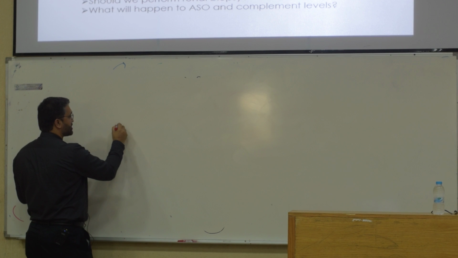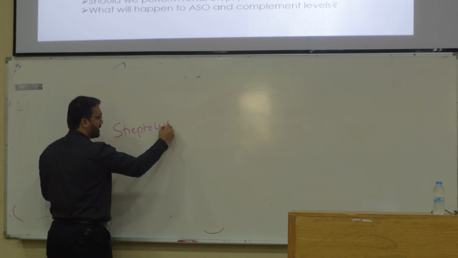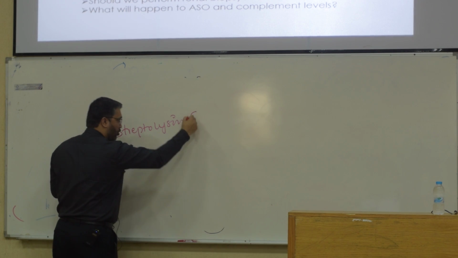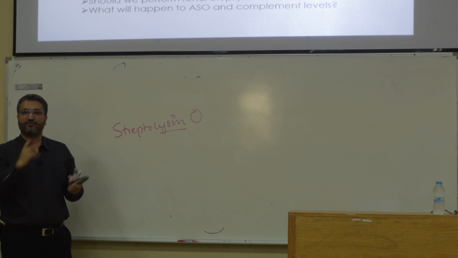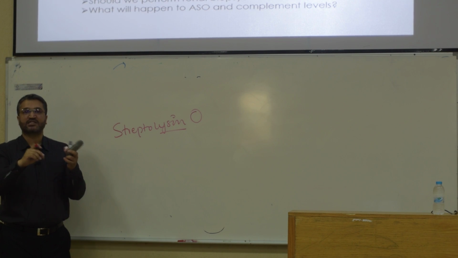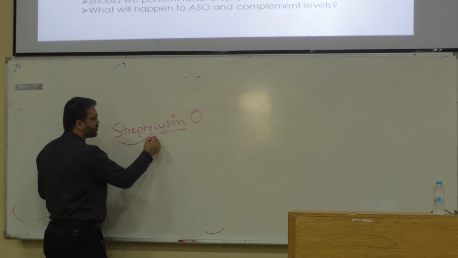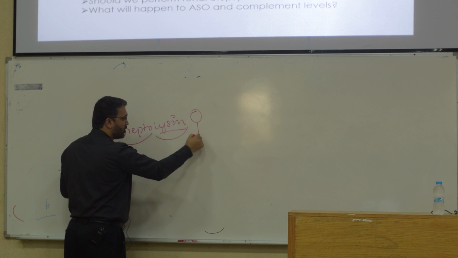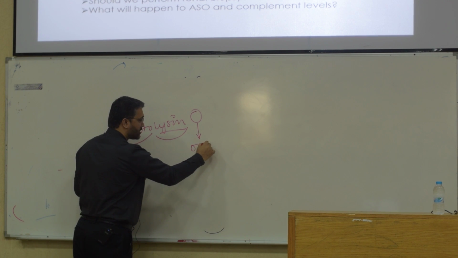So the exotoxin it produces is called streptolysin. O, I'll tell you why. Why is it called streptolysin? Because if you have this enzyme, the red blood cells will be lysed. That is why it is called streptolysin, and O is oxygen dependent.